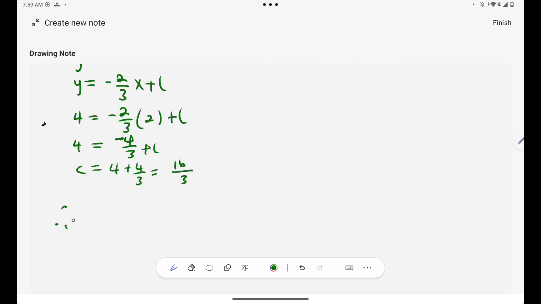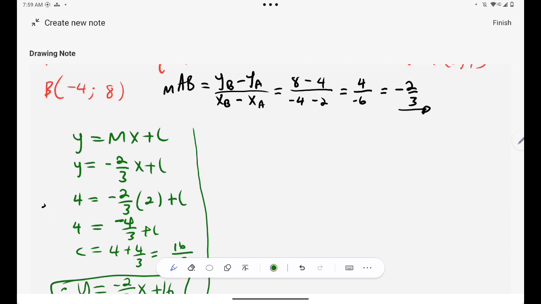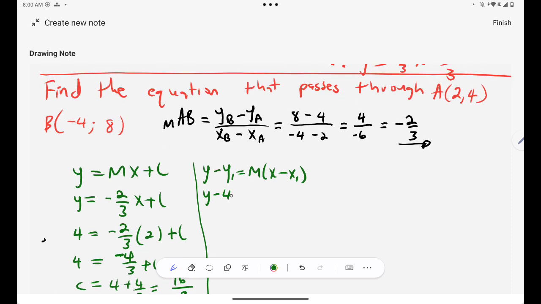Therefore, my equation is negative 2 over 3x plus 16 over 3. Are you together? If you chose to use the one that I like, y minus y1 equals m times x minus x1, y1 is 4, the gradient is negative 2 over 3, x minus 2.